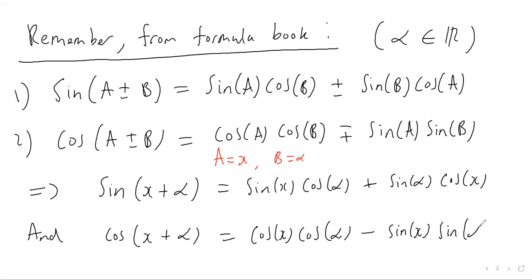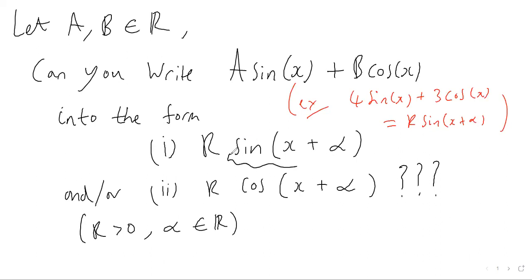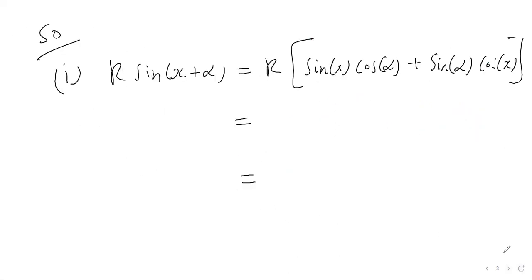So we get these two equations there. I'll put a box around these because these will be important. We've rewritten this part and this part in terms of the addition and subtraction angle formulae from the formula book. Okay, now let's use that.